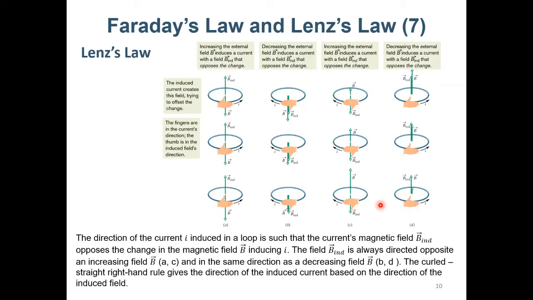In that case, B is larger. B is smaller, and then it is increasing, so that you can determine B induced is pointing upward. If B is static, then there's no induced magnetic field. That's what Faraday's law tells us.